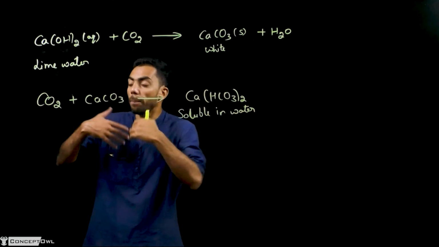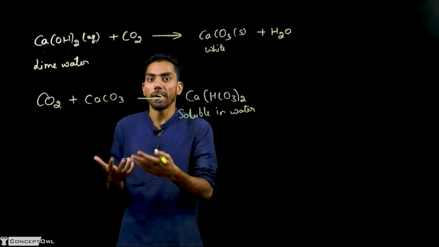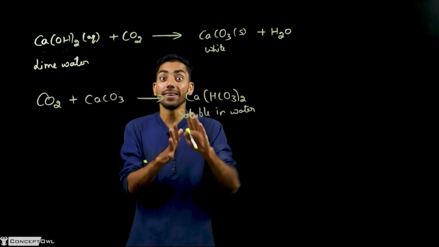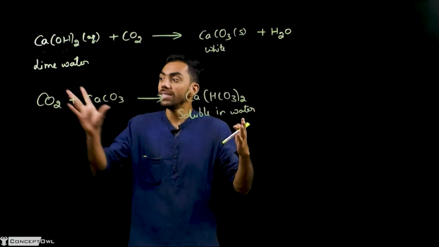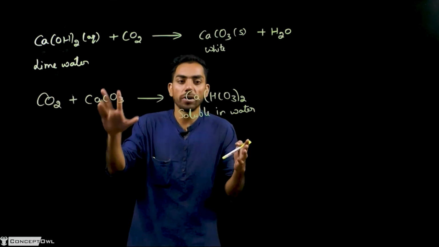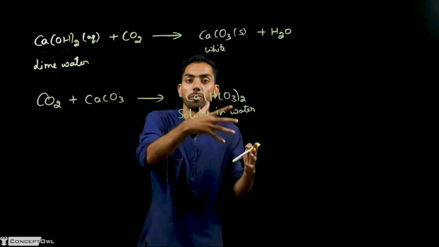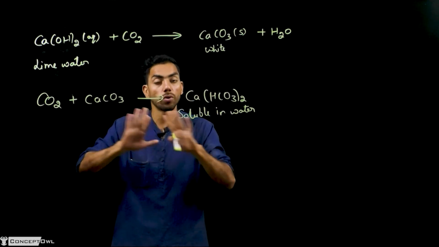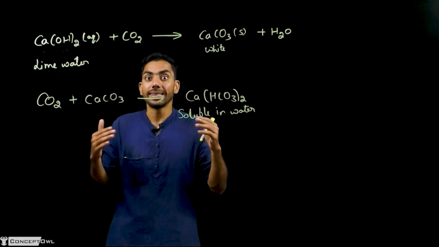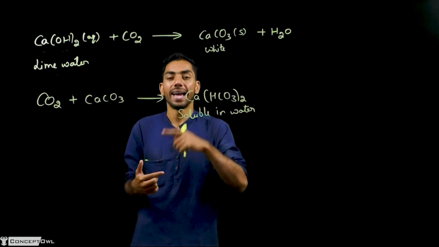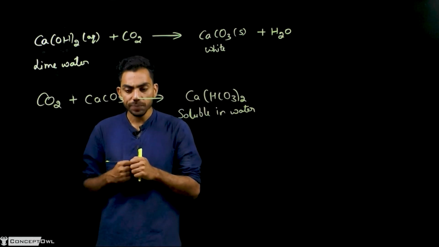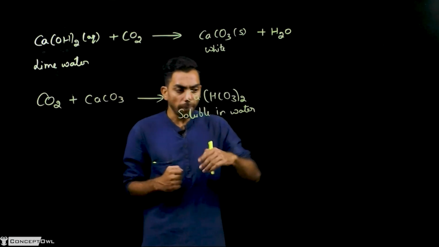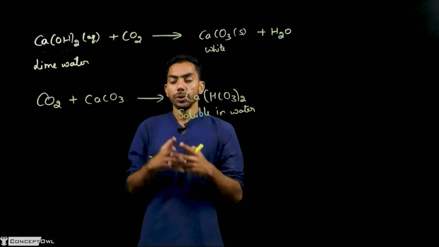So if you are passing an excess amount of carbon dioxide, this milky color can again disappear. Is this clear?